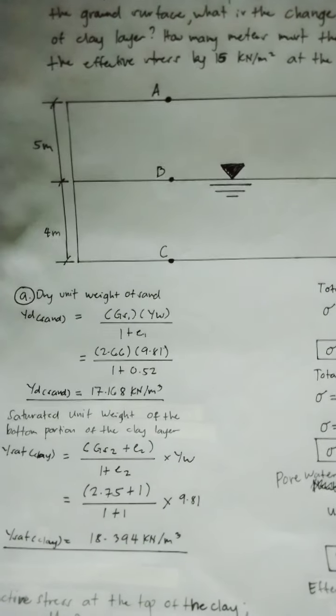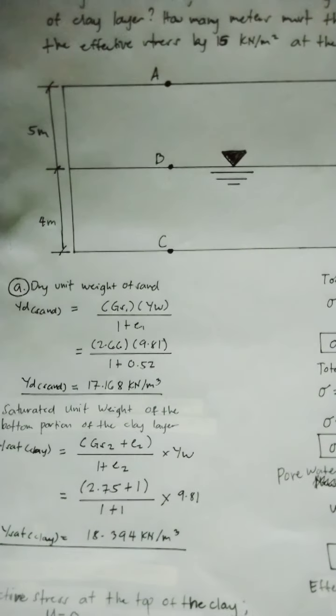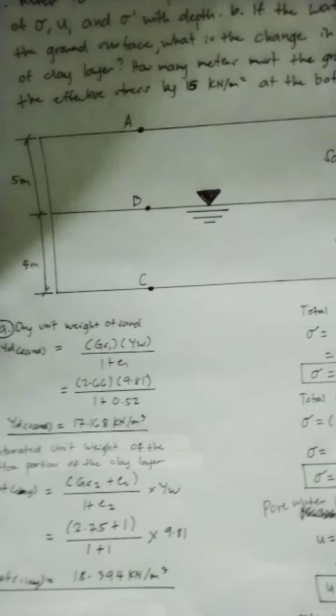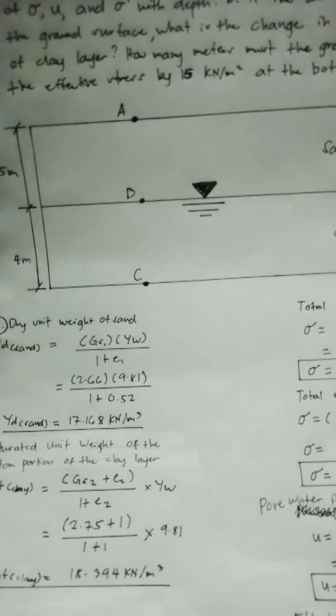Then we have found that the dry unit weight of sand is equal to 17.168 kilonewton per meter cube.